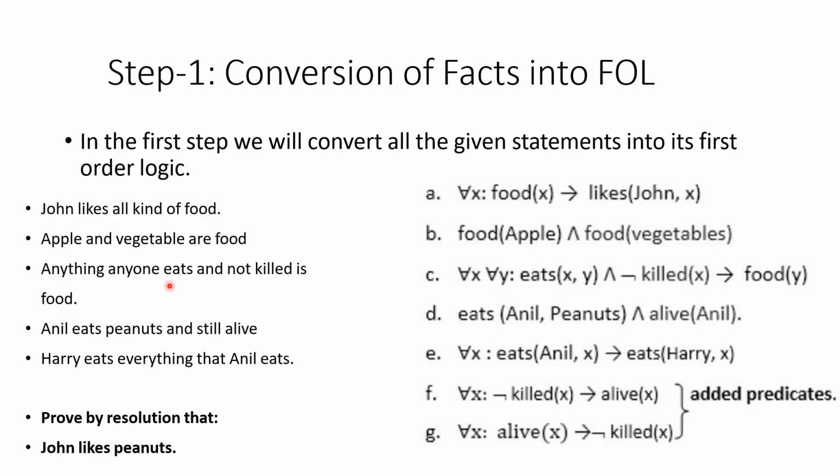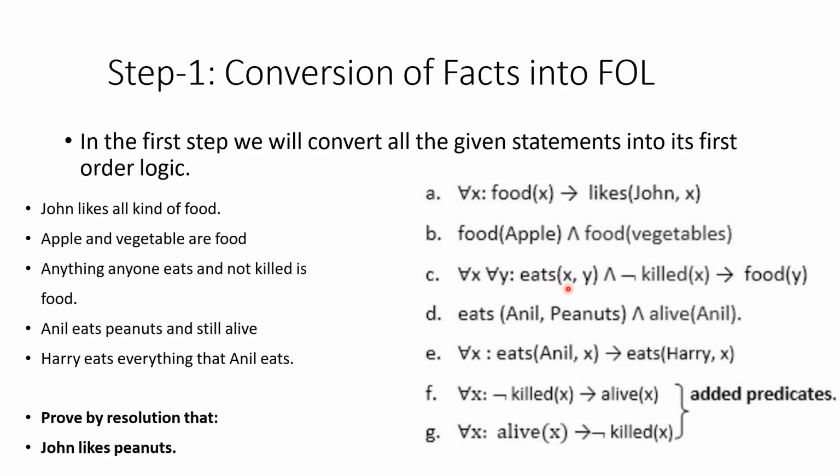Then anything anyone eats and not killed is food. So there are two universal quantifiers, for all x and for all y. Here y is a food and x is a person, so that person eats anything, so we can write eats x comma y.